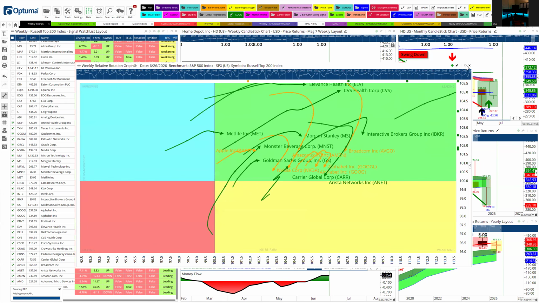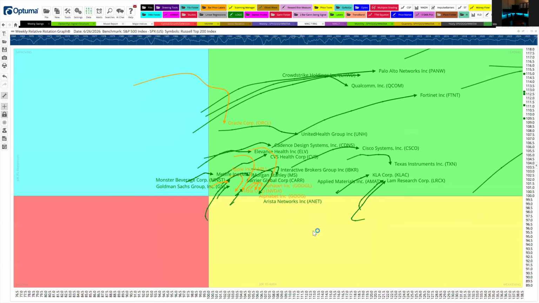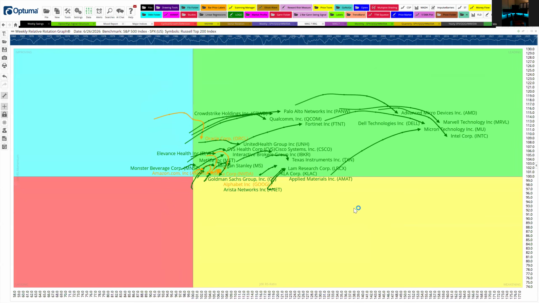There you go. These are the stocks that are sitting in the leading quadrant. It's the whole list.